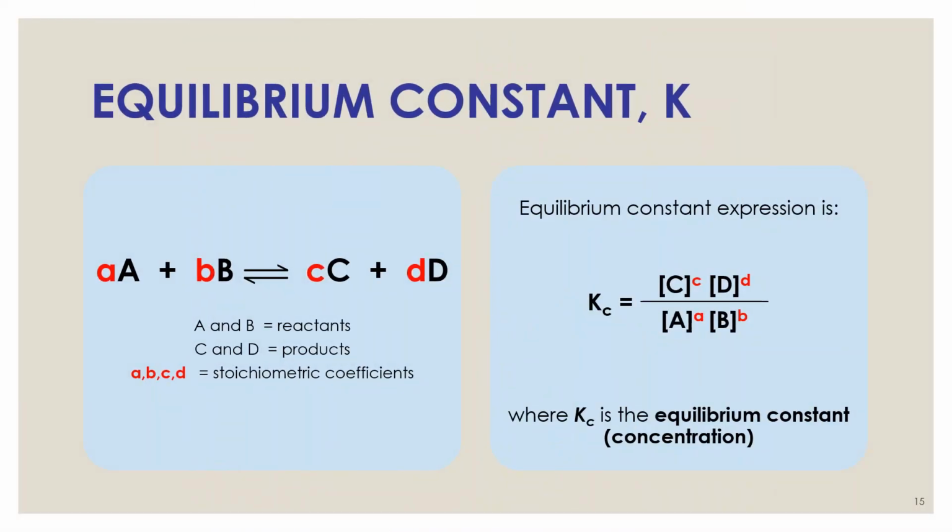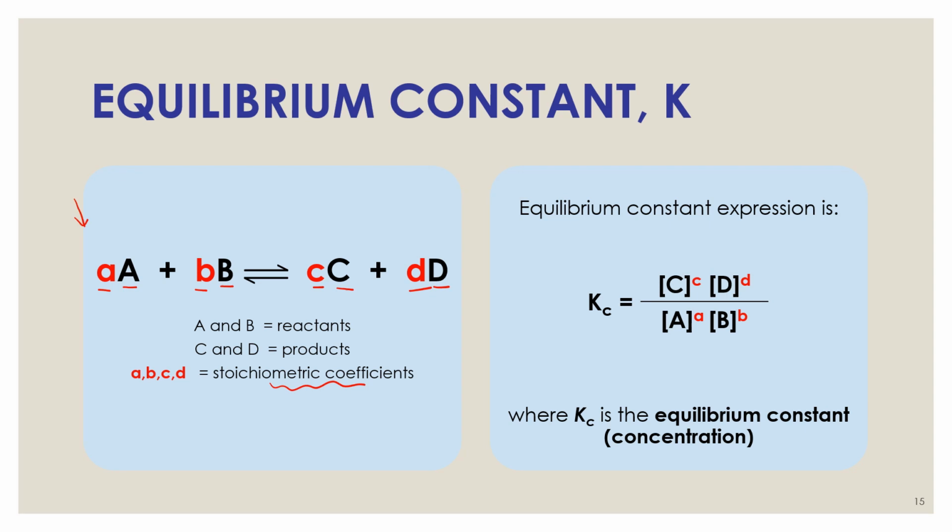This is the way to write equilibrium constant K for a specific chemical reaction. So suppose that we have this general reversible reaction di mana capital A and B adalah reactants and capital C and D adalah products. Okay, meanwhile the small letters over here refer to the stoichiometric coefficients as in the balanced equation.